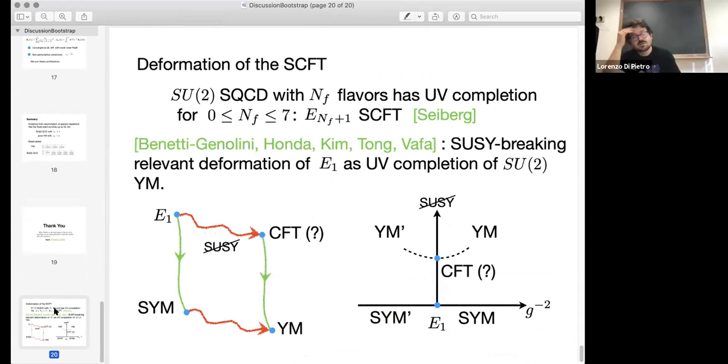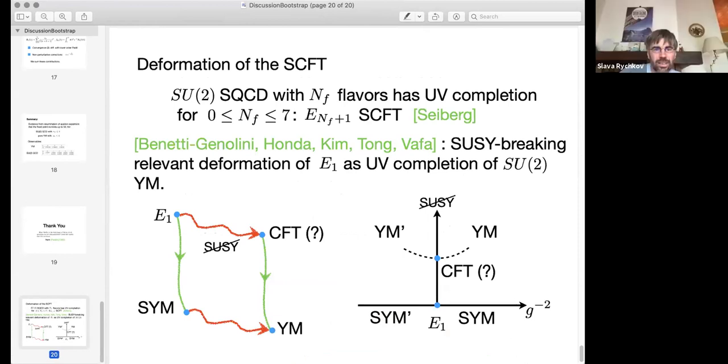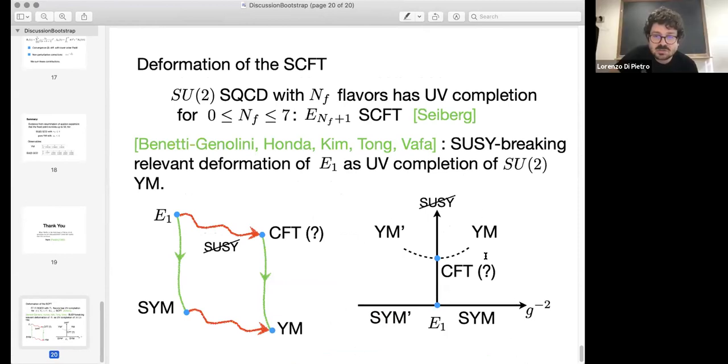So can you see it? Yes, we can. So maybe I can just illustrate. I think the most interesting thing is this figure on the bottom right. There is a phase diagram with E1, the name of this superconformal field theory, which is the one that UV completes SU(2) supersymmetric Yang-Mills.